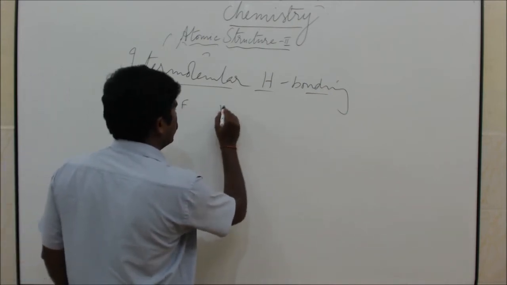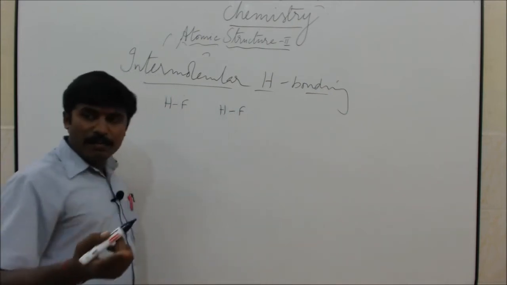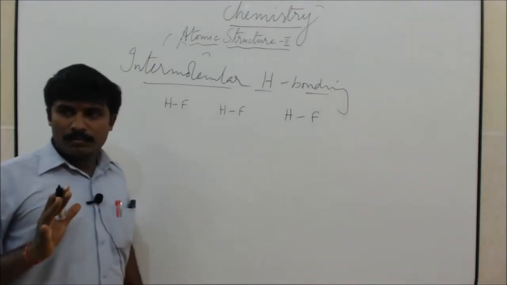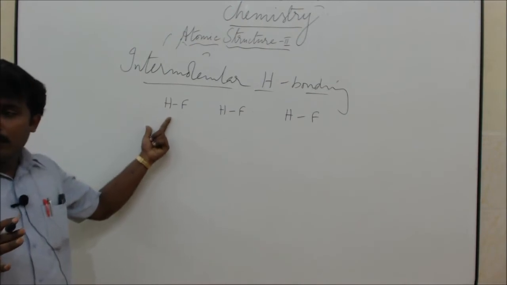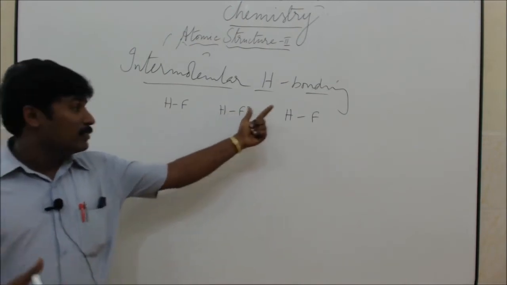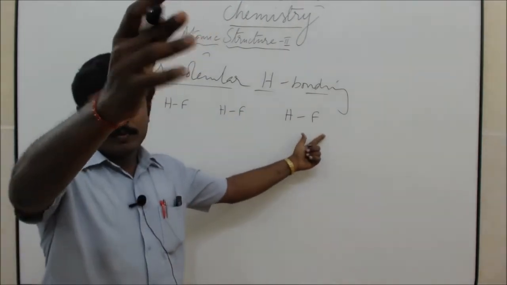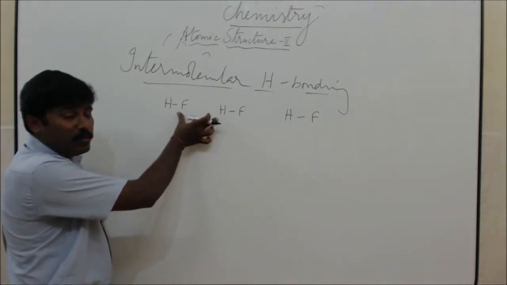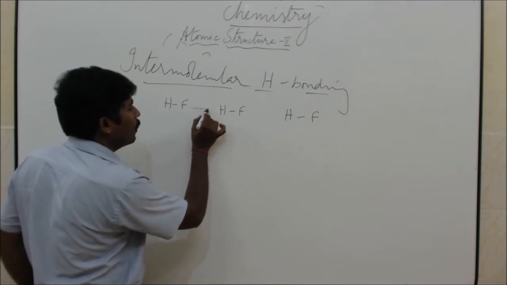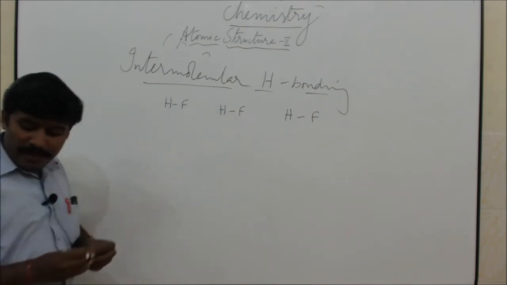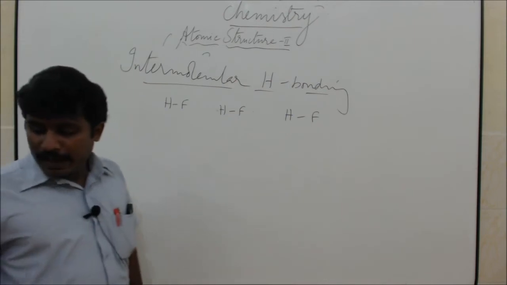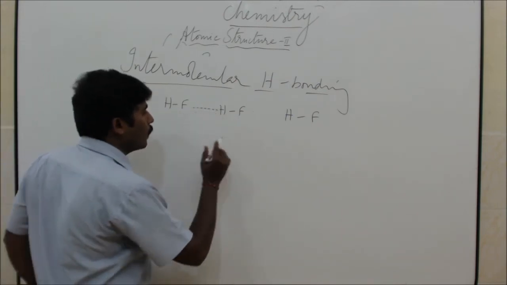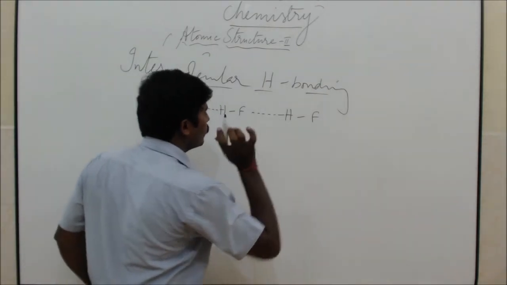This is one molecule, this is another molecule, this is another molecule. This is one school, this is also a school but another school. Now, competition between these two schools is like competition between these two molecules. Here is the hydrogen bond. Hydrogen bond is always represented by a dotted line.